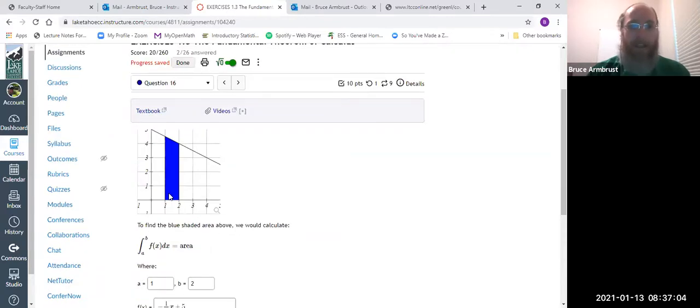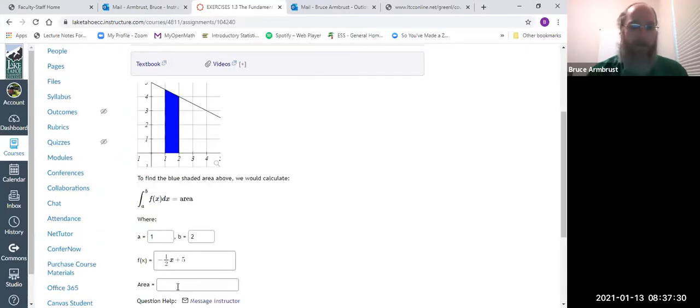So this one, the area, since it's geometric, I could actually calculate it. I've got a little triangle on top of a rectangle, right? The rectangle is 1 by 4. So that's got an area of 4. And then this triangle, its area is 1/2 base times height. Its base is 1, its height is 1/2. So 1/2 times 1 is 1/2. Half of that is 1/4. So I've got 4 1/4.